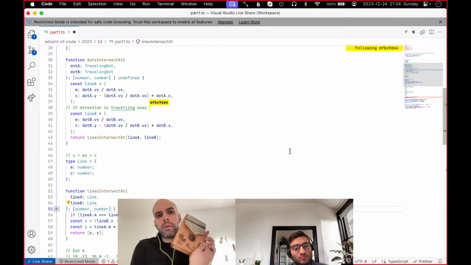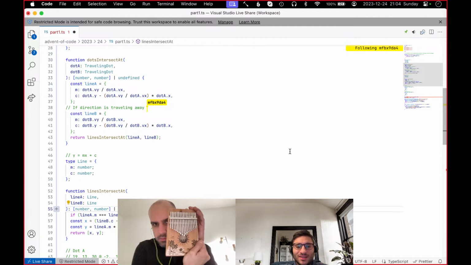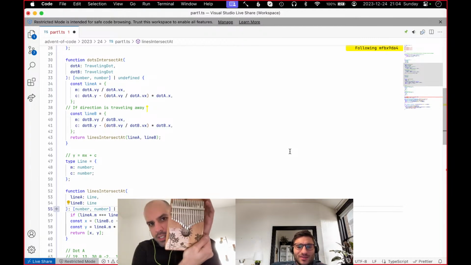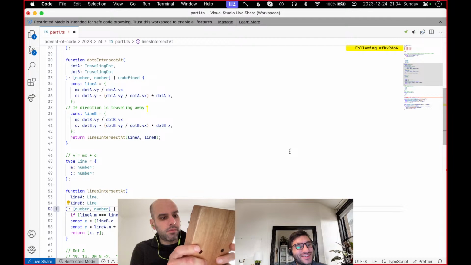I got a kalimba as a gift. A what? A kalimba. What's that? This is a kalimba. Ah, very nice. Let's hear it. Very nice.